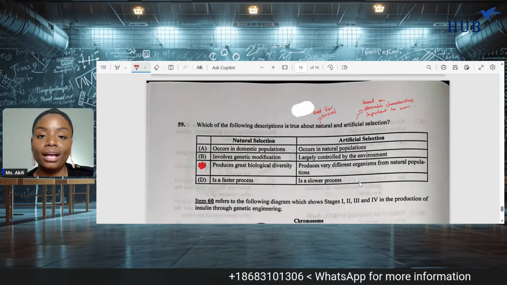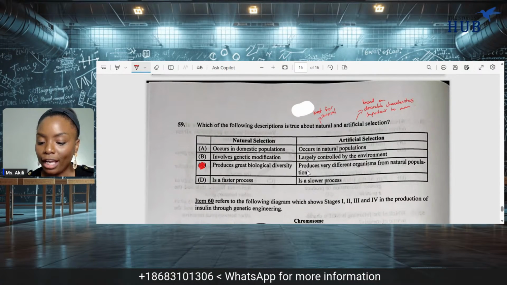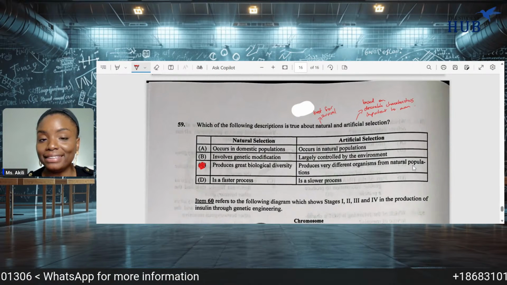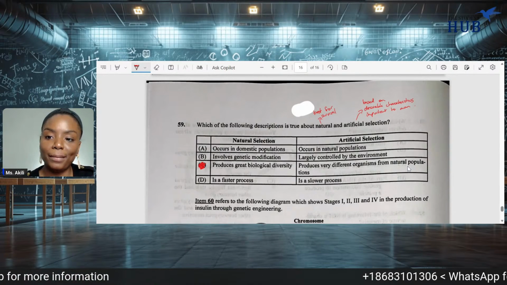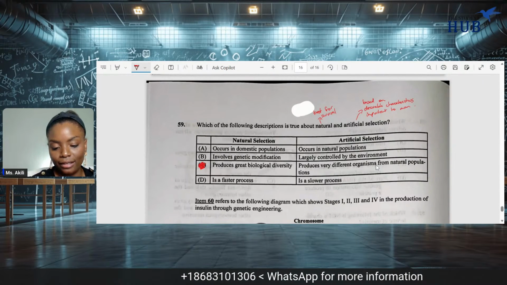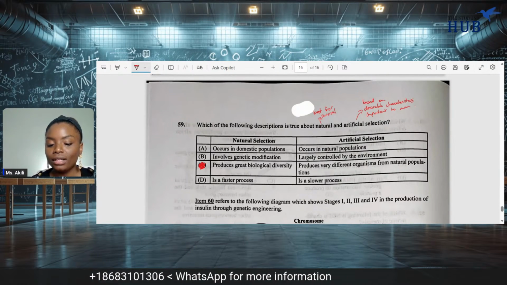It may be for economic profit, right? It produces very different organisms from the natural population because it's not being selected for survival, but it may be selected for dollars and cents. So C is going to be the correct answer here.